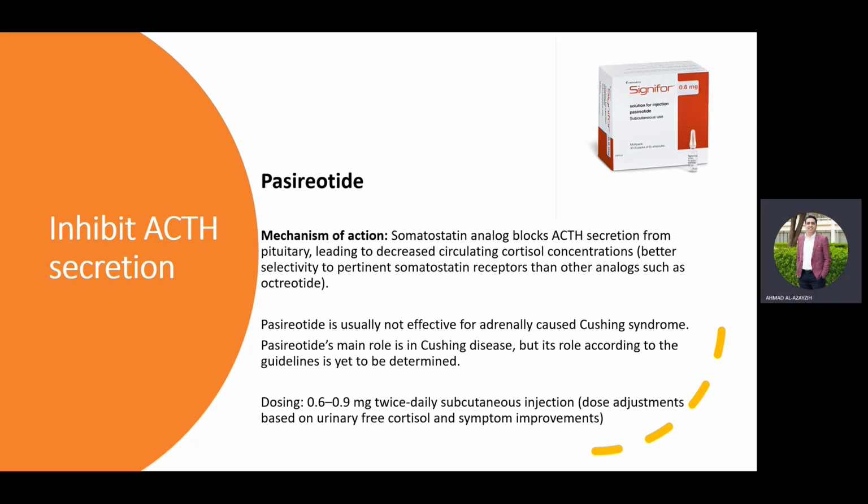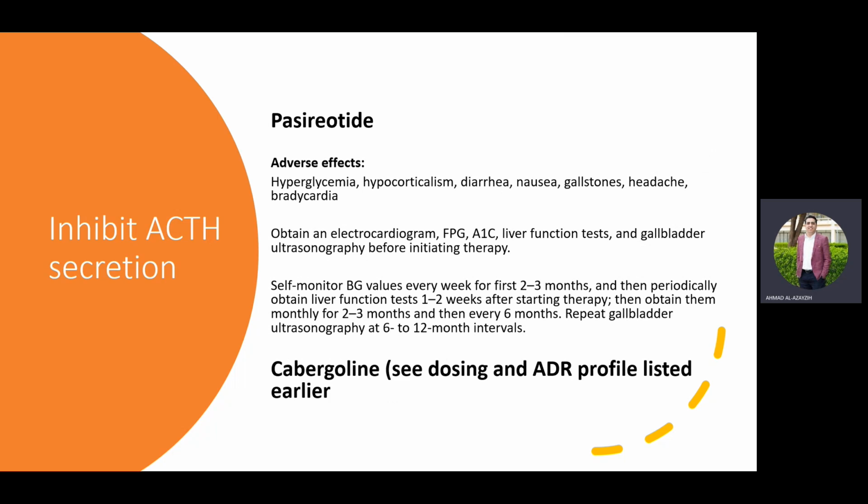If the problem is due to a pituitary issue, then you can use such a drug. Dosing is up to 0.9 milligram twice daily subcutaneously. We can adjust the dose based on improvement of symptoms as well as the free cortisol level in the urine. Side effects: hyperglycemia, diarrhea, nausea, gallstones, headache, bradycardia (low heart rate), and hypocortisolism. Hypocortisolism, what does that mean? It occurs, of course, because it inhibits ACTH secretion.